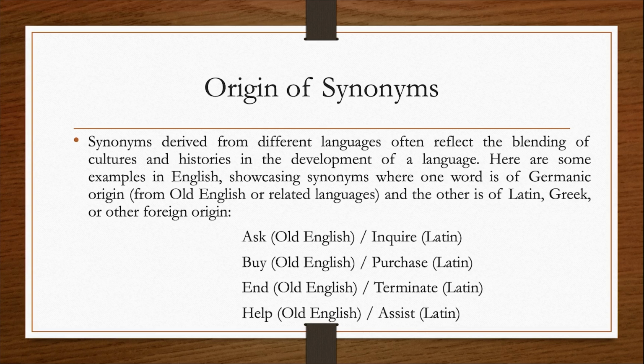Like English has a massive influence of Latin, Greek, and French. So, many of these words have derived either from Latin, Greek, or from other foreign origins. For example, ask is a word in Old English, but inquire, the word comes from Latin.